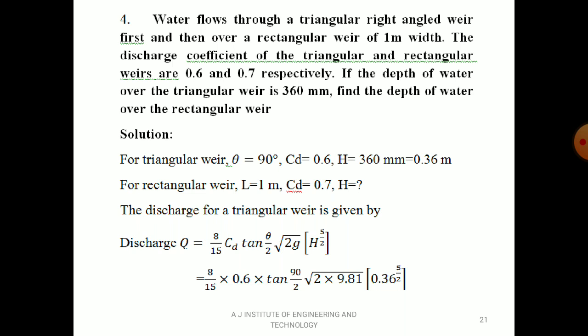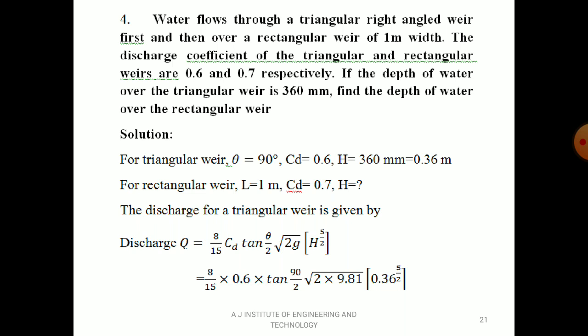For the rectangular weir, the length is given. You can see there, if the depth of water over the triangular weir is 360 mm, it is given. So length equal to 1 meter, that is over a rectangular weir of 1 meter width. CD equal to 0.7, the CD value for the rectangular weir, and capital letter H you are supposed to find.